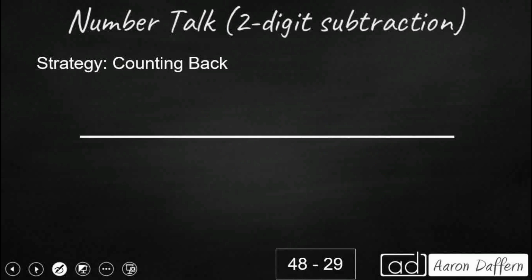Now we can also use counting back. So what we do is we start with our minuend. It's kind of like adding up, but we're just going backwards here. And we're just going to take little jumps until we get back to our subtrahend, because some people like moving forward, some people prefer counting back. So let's just take a jump to the next 10. And that's going to be 40.